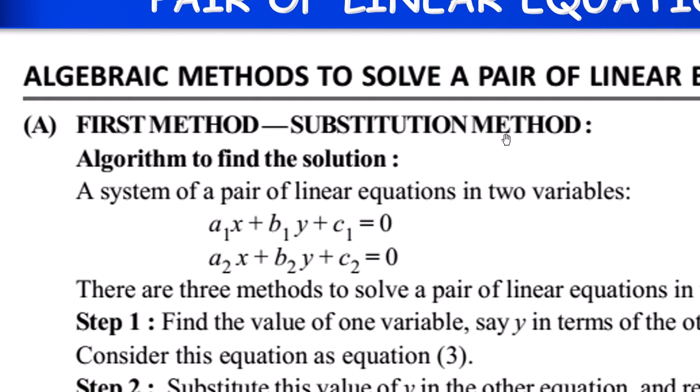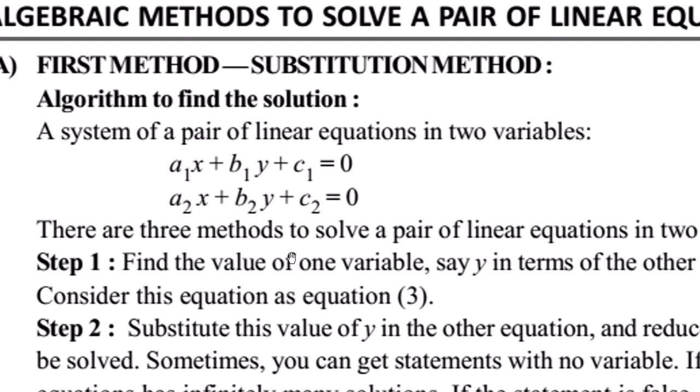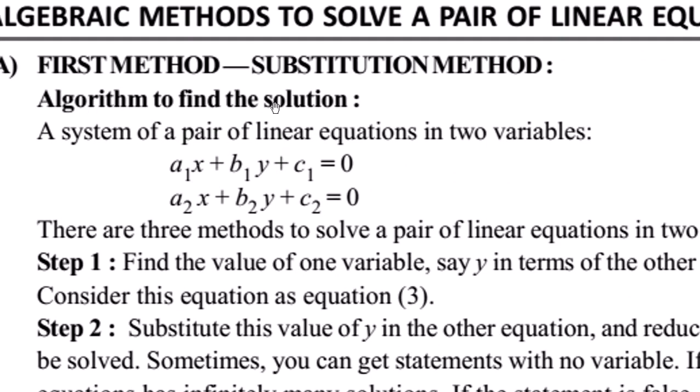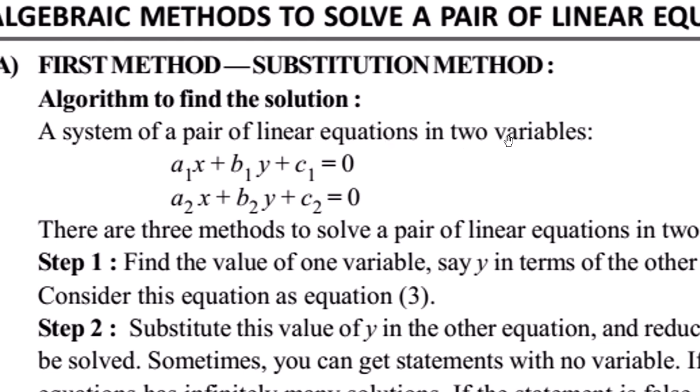The algorithm to find the solution is: if we have a pair of linear equations in two variables in this way, a1x plus b1y plus c1 equal to 0, a2x plus b2y plus c2 equal to 0.